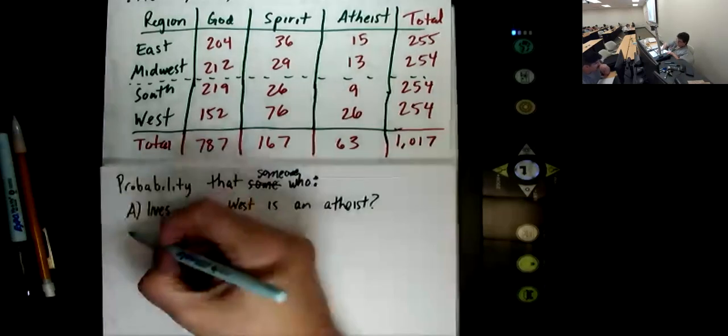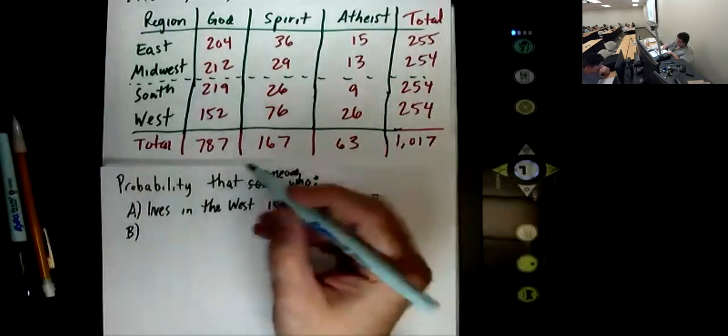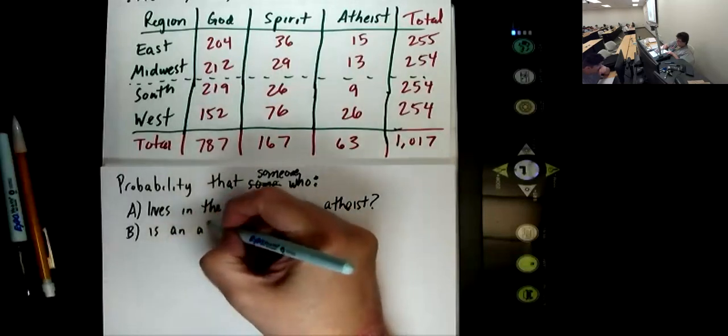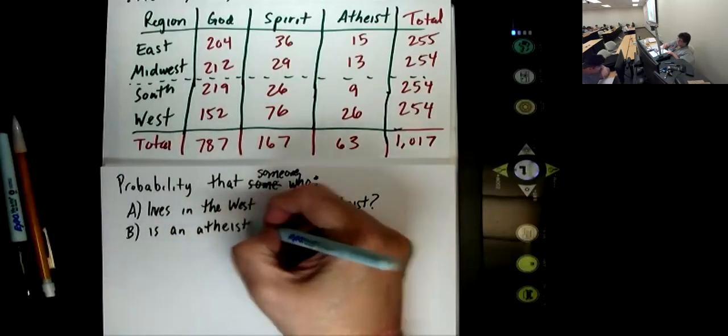And the other one we're going to look at in a second is the probability that someone who is an atheist lives in the West.